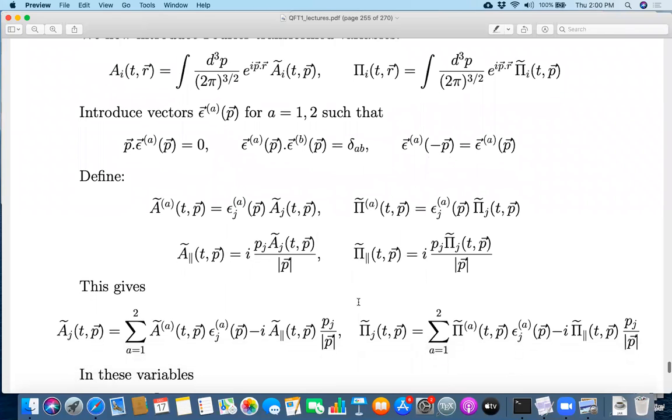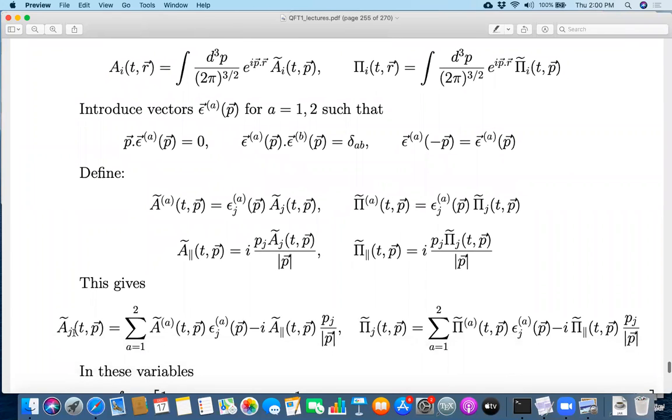So using this, we can now write the expression for this vector A tilde. All we are saying is that we can express it as a linear combination of the basis vectors, with the coefficients given by the components along the basis vectors.